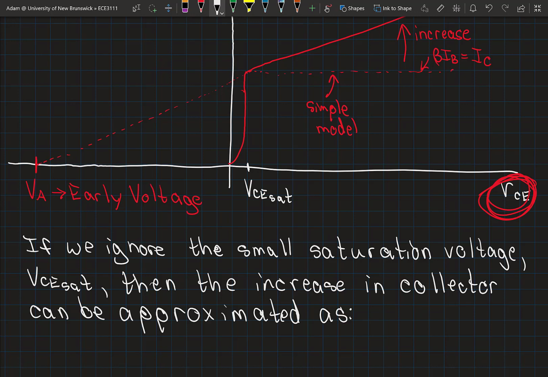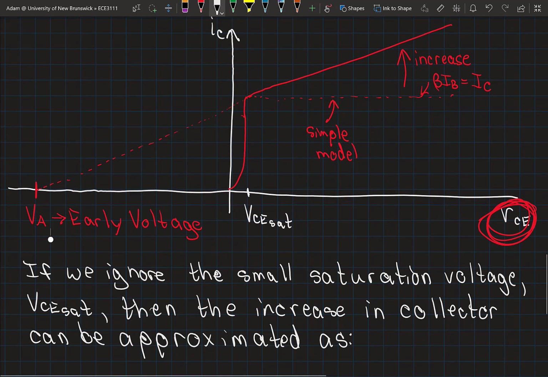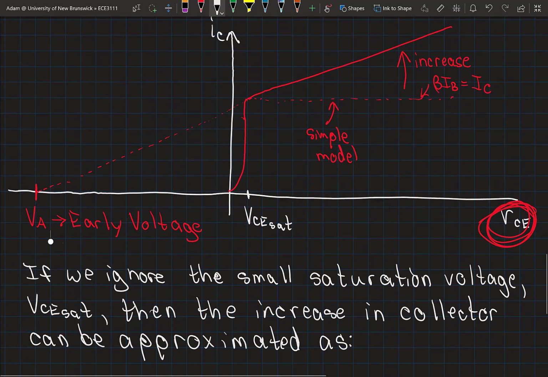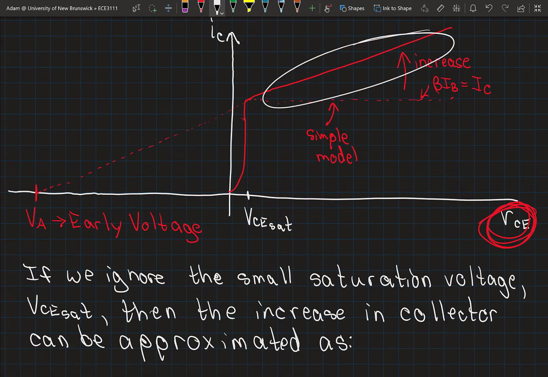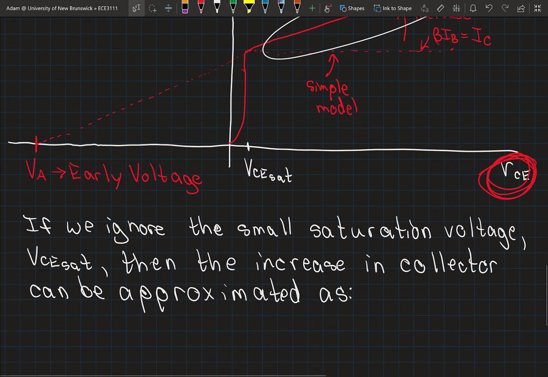Note that the response here is a flat line of a constant slope.